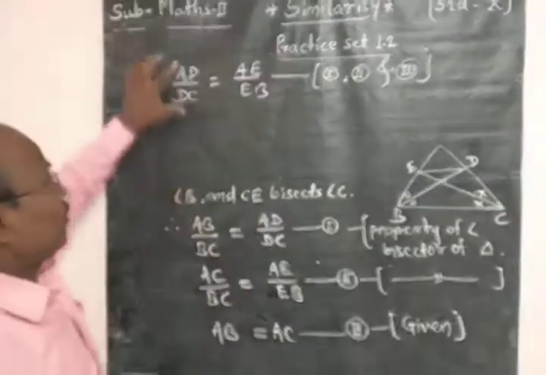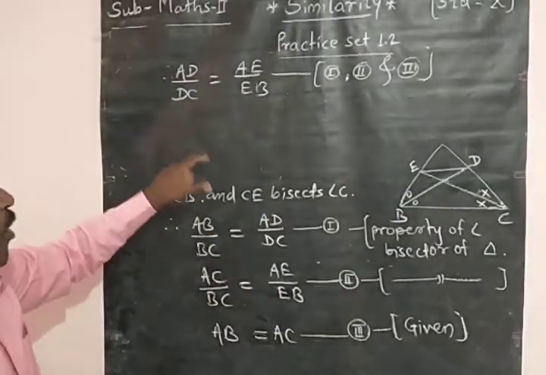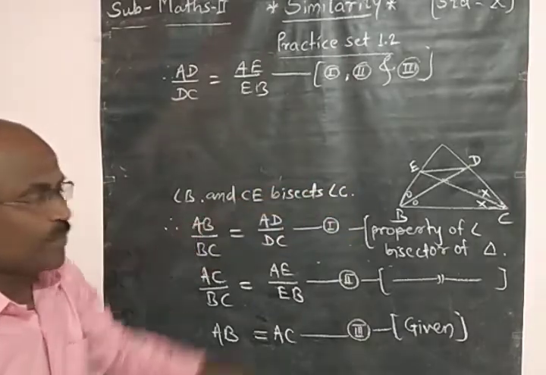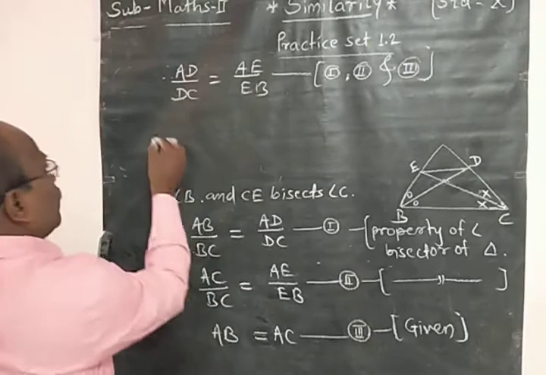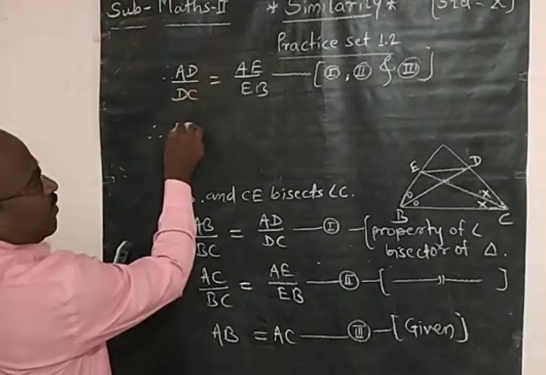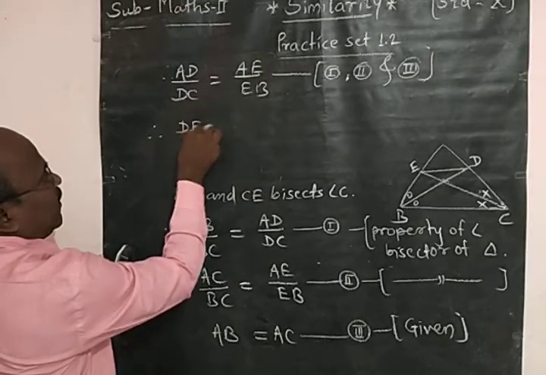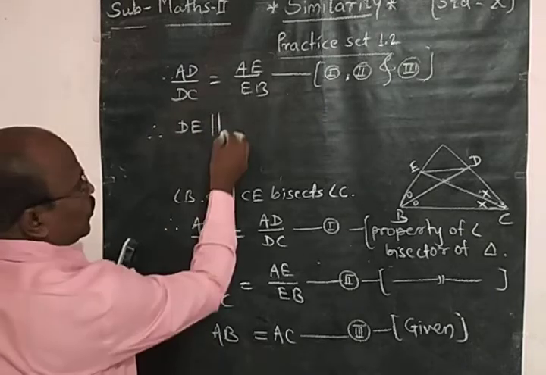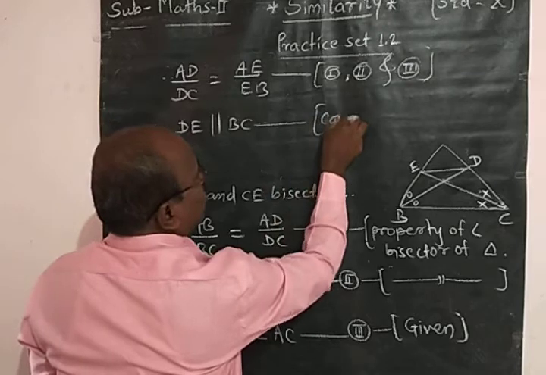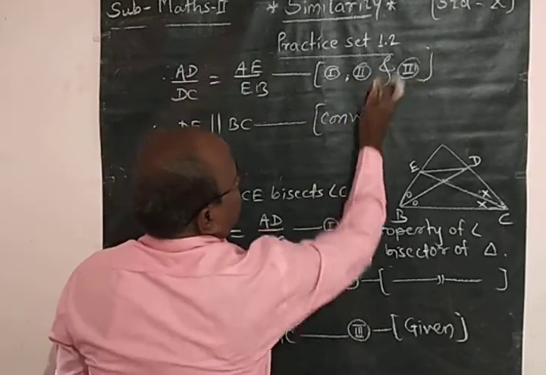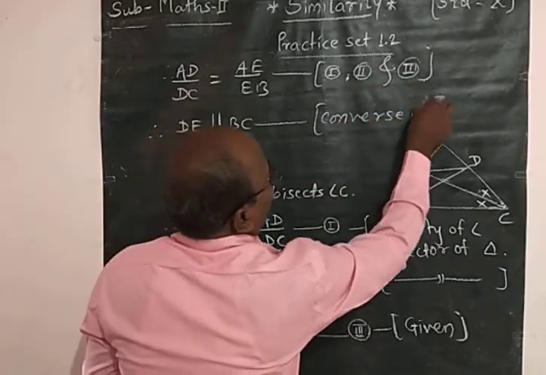That means here you have to write ED is parallel to BC by using the converse of BPT. Therefore, DE is parallel to BC by converse of BPT.